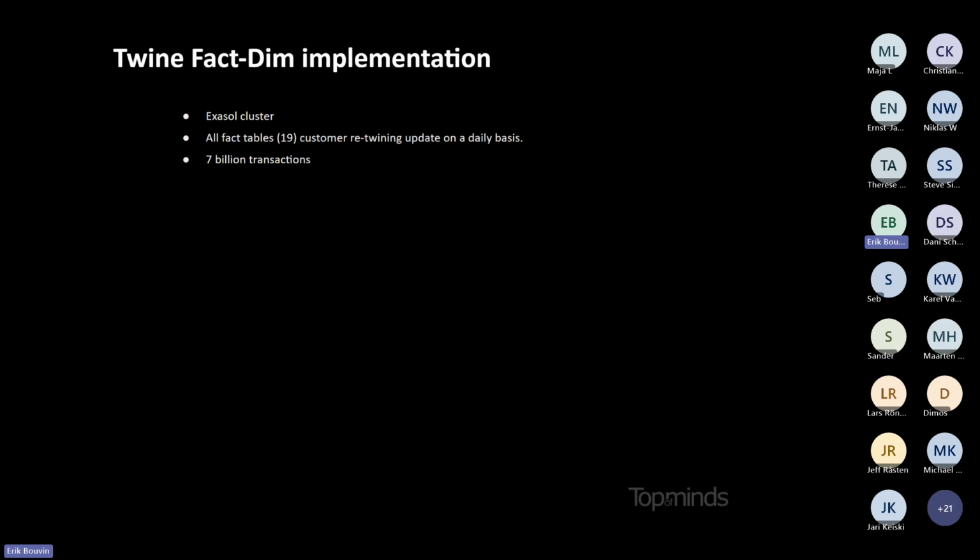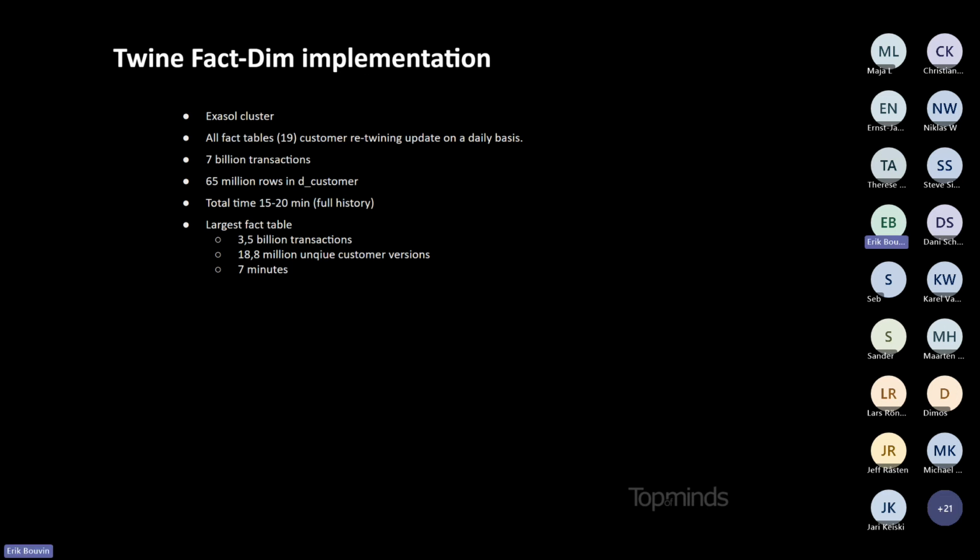It was roughly 7 billion transactions and 65 million rows in the D customer table, and a full history retwining of all those 5 years that we had in those marts. It took around 15 or 20 minutes. And the largest fact table took 7 minutes with 3.5 billion transactions and 18.8 million unique customer versions. So quite a decent amount of data in it.